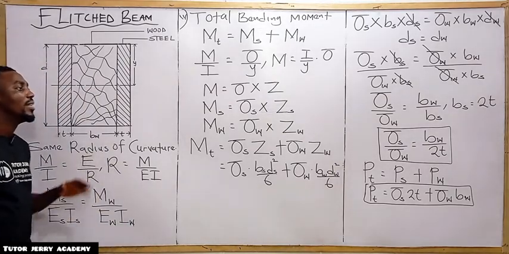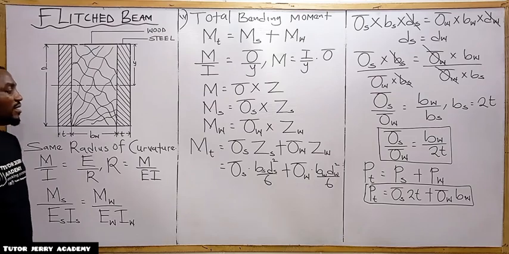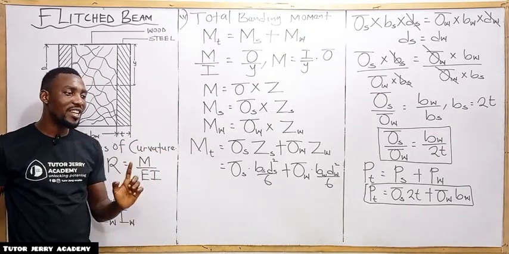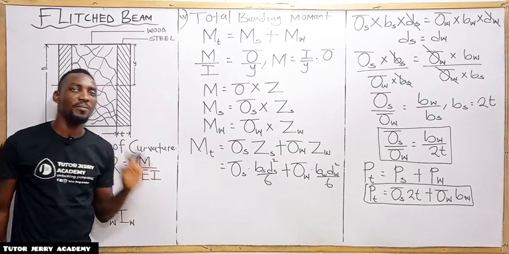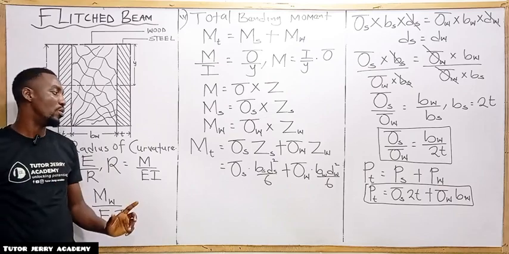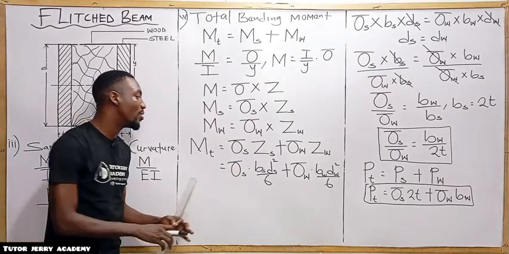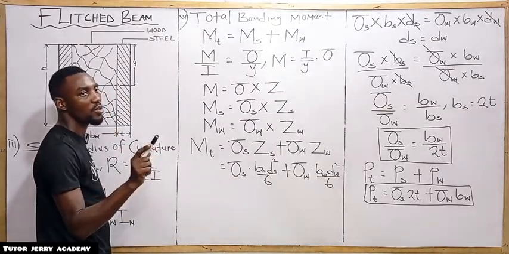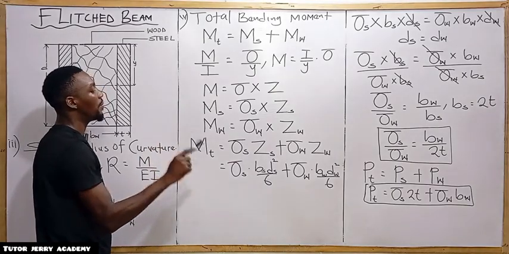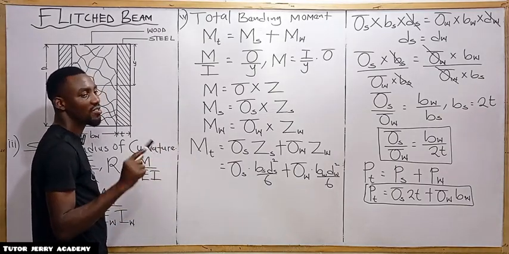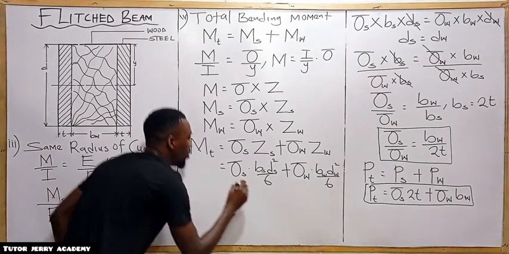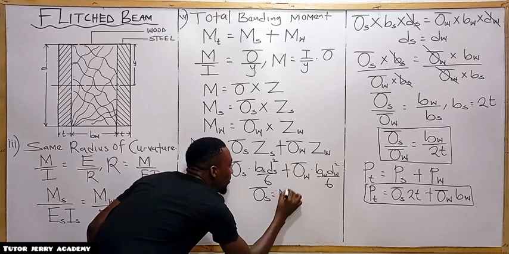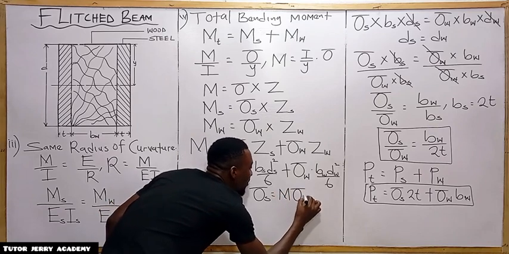All right. So the next thing you are going to note here is this. From our first assumption, we said the strain in the steel must be the same as the strain in the wood, right? And then we proved that the stress in the steel is equal to the modular ratio multiplied by the stress in the wood.